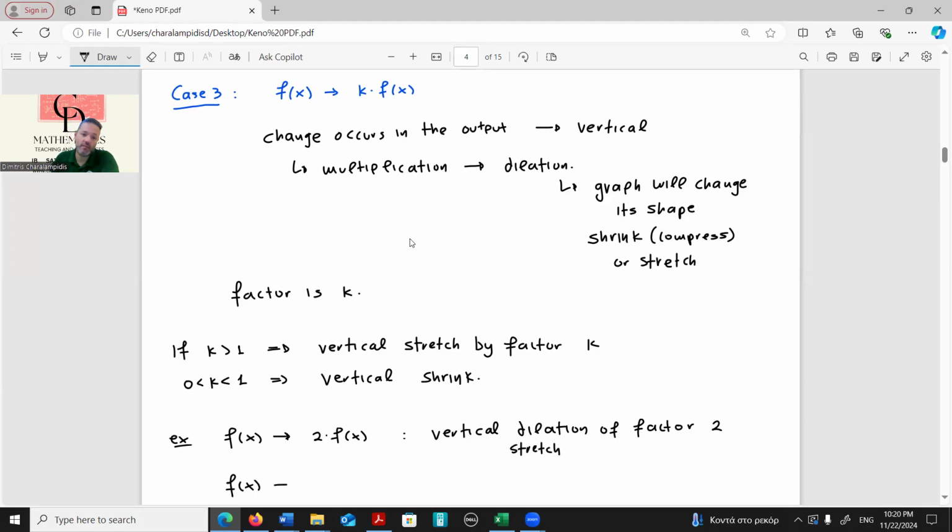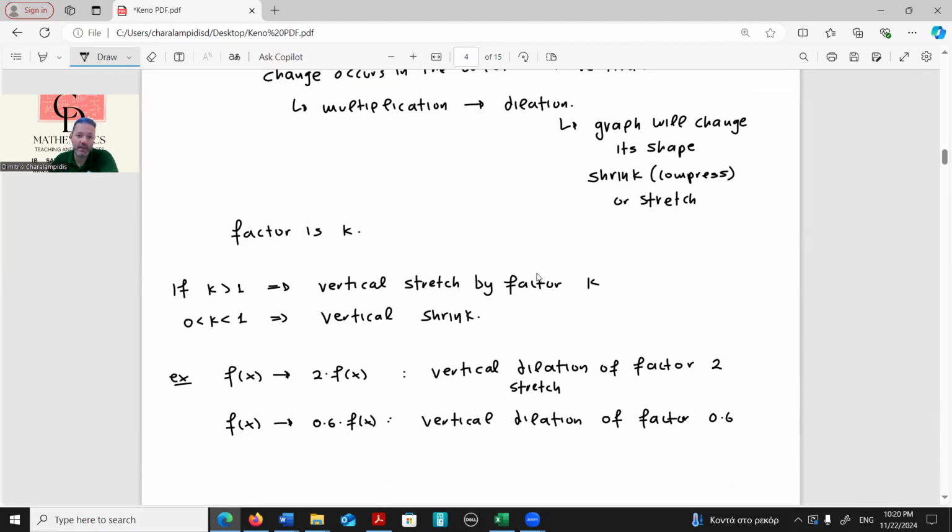In a second example, if we go from f of x to, let's say, 0.6 f of x, this describes as well a vertical dilation of factor 0.6. But once again, if we want to be more precise, we would call that a vertical shrink by factor of 0.6.